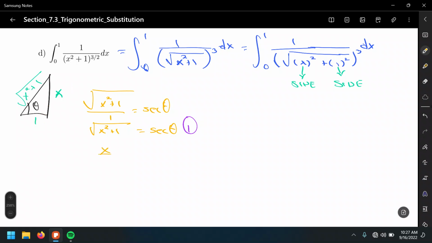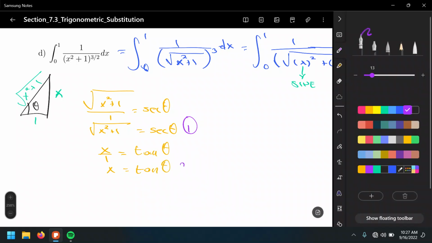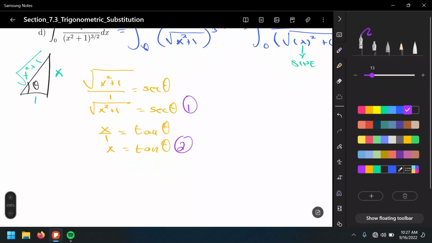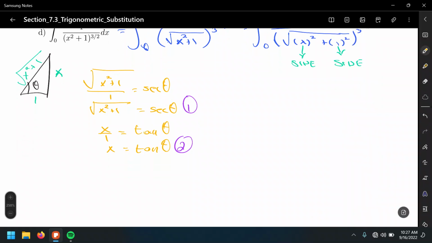How about x divided by 1? Isn't that a tangent? So x equals tangent. That's ingredient number 2 in the substitution. We're not going to need it again because we don't have any factors of x outside. This is good to find the dx, which is secant squared.